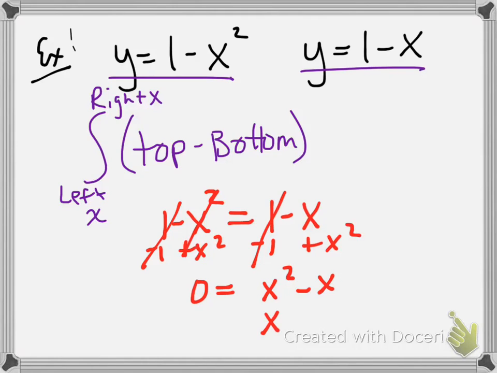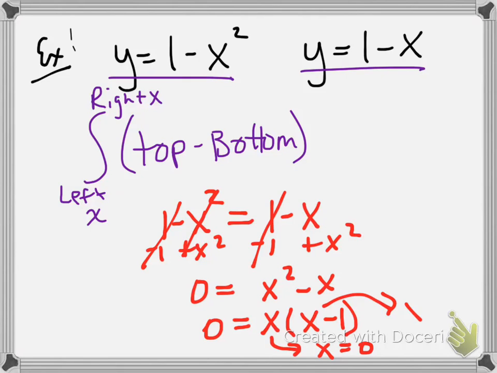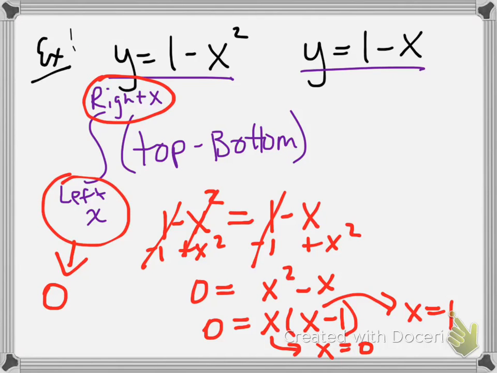Then if I factor that as x times x minus 1, that gives me my two intersection points, because this would be x equals 0, and this one would be x equals 1. So from finding our intersection points, this one is going to be 0, and this one is going to be 1. And it's important, if you're not going to use the graph, that you know your intersection points before you do anything else.